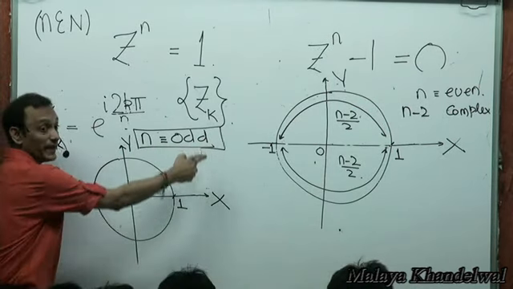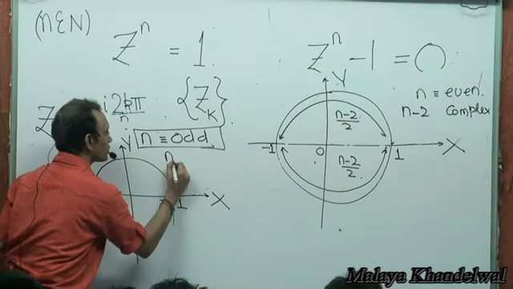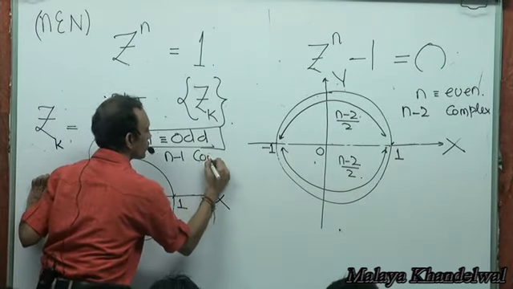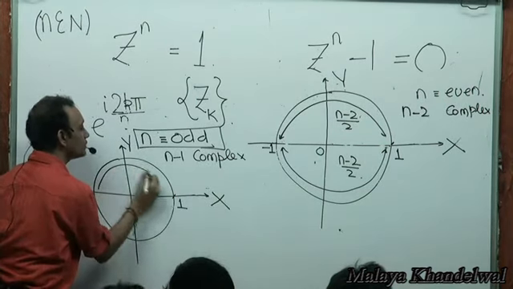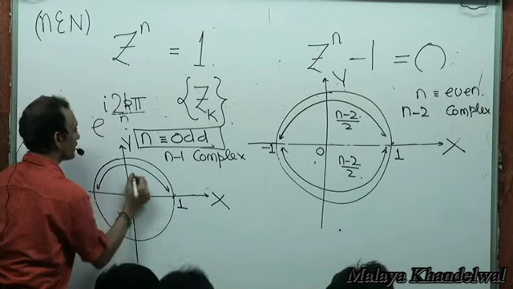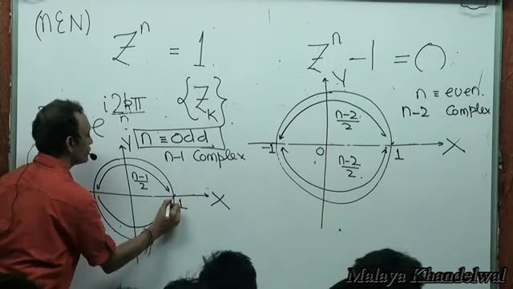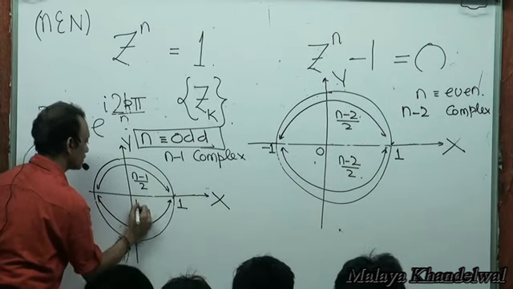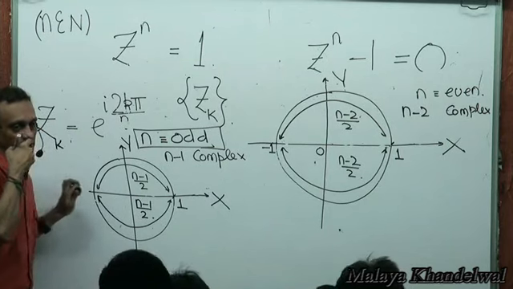And there would be n minus 1 complex roots, right? Then n minus 1 complex roots, half of them will lie on the upper half of the circle, n minus 1 by 2, and half of them would lie on the lower half of the circle. Yes or no?